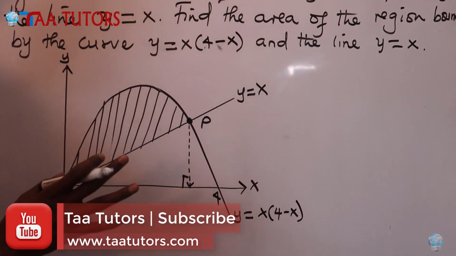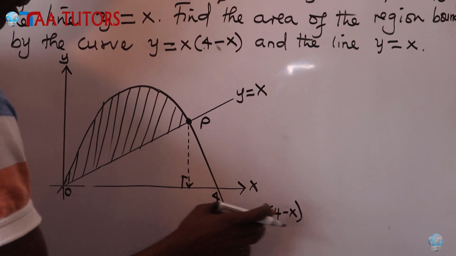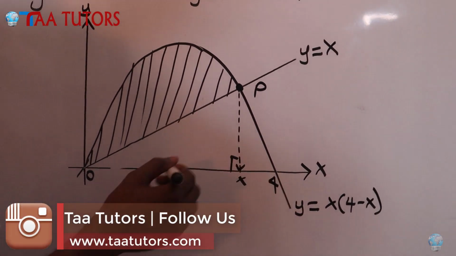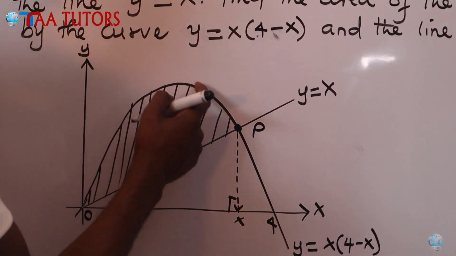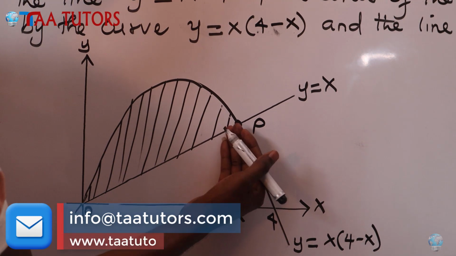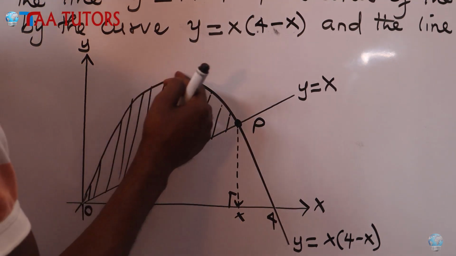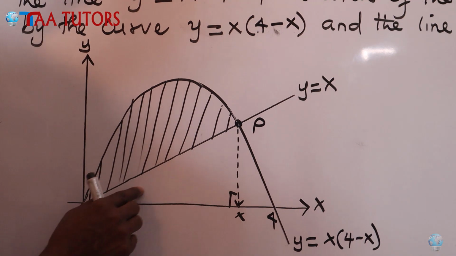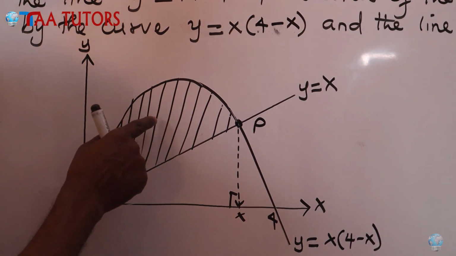But if I get the area under the curve, y equals x into 4 minus x, from O to this particular point here, let me name it x, I know that the area under the curve will cover everything, including everything here. So for me to calculate the whole area, I'll get the area under the curve, all of it, minus the area of the triangle below here. That will give me the area that I'm looking for here.